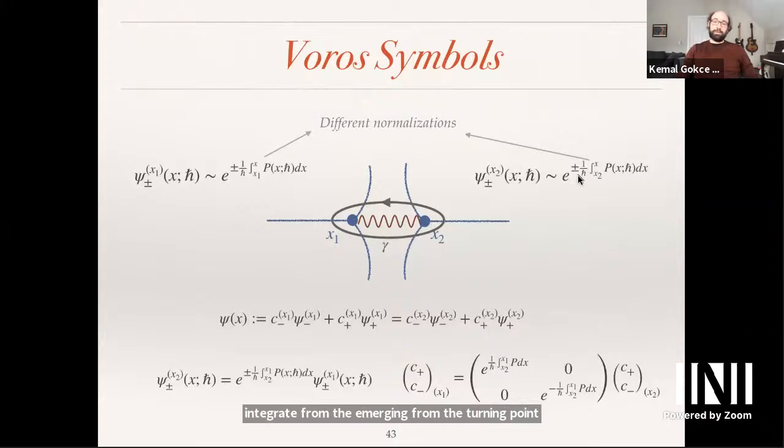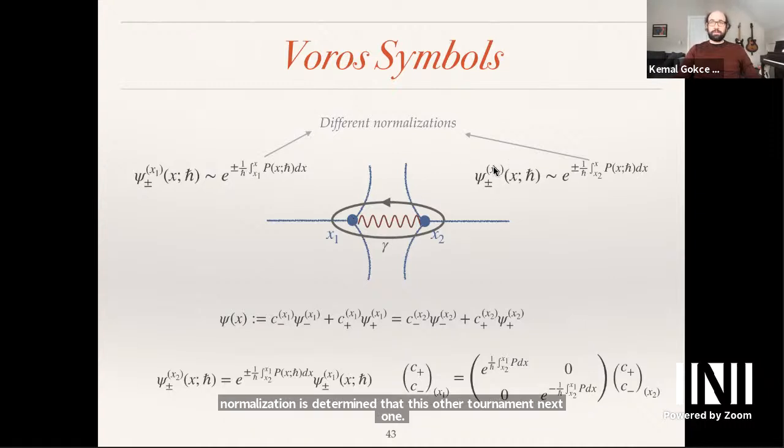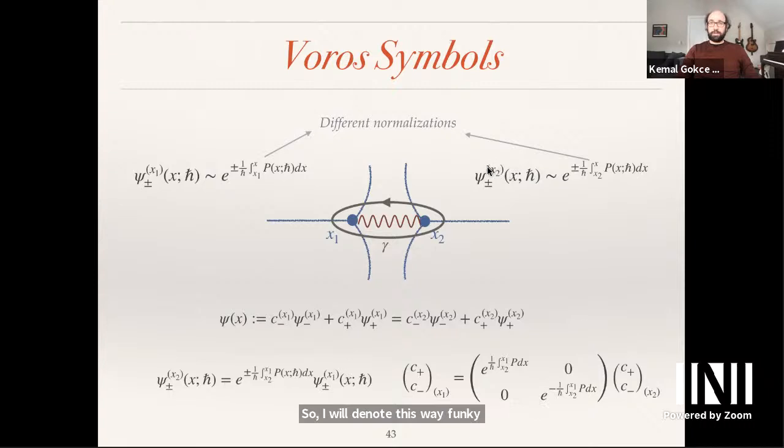Those matrices that I showed implicitly assume that type of normalization. If I go to a different turning point, x1, I normalize in a different way, so I will denote these wave functions with different normalizations explicitly here.